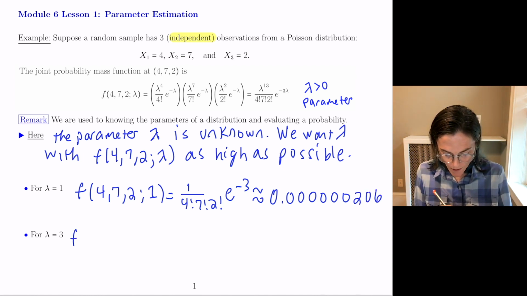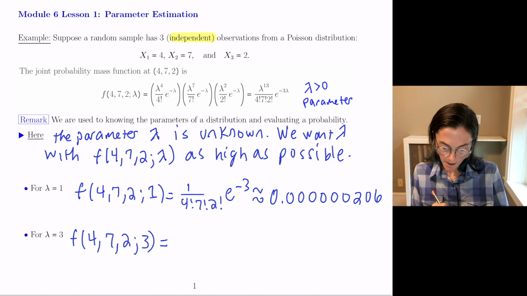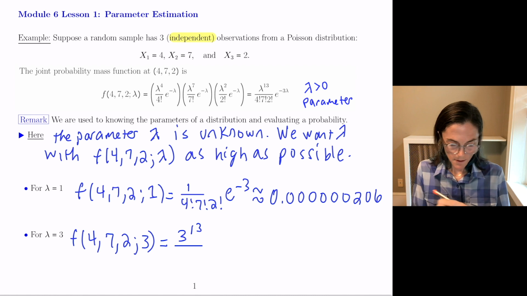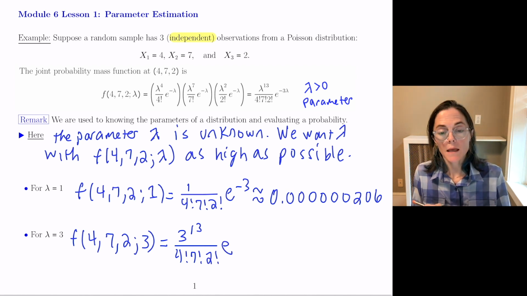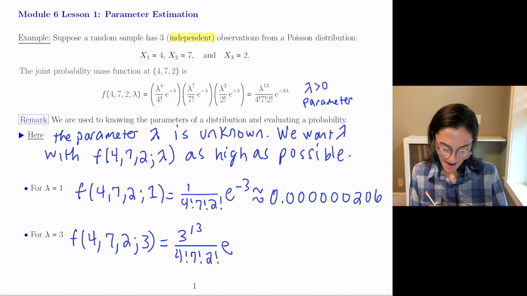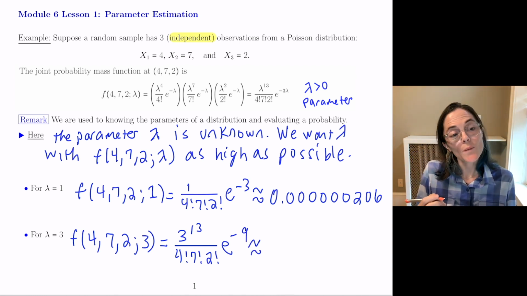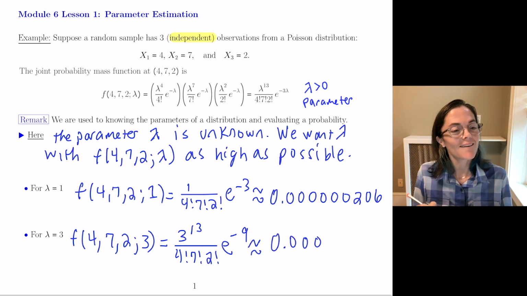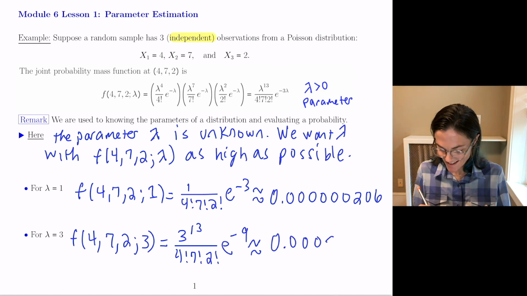For lambda equals 3, here we get 3 to the 13 over this 4 factorial, 7 factorial, 2 factorial, and then e to the minus 9. And this is approximately, well, here we only have 3 zeros, so 0.000813.